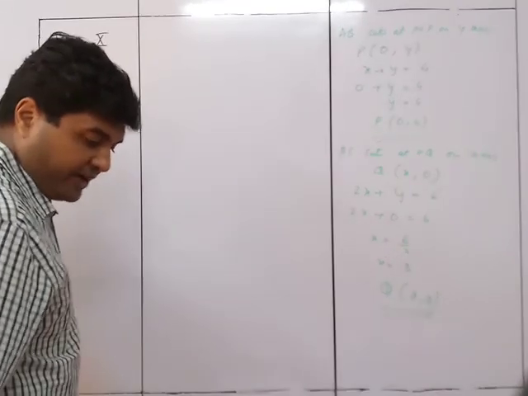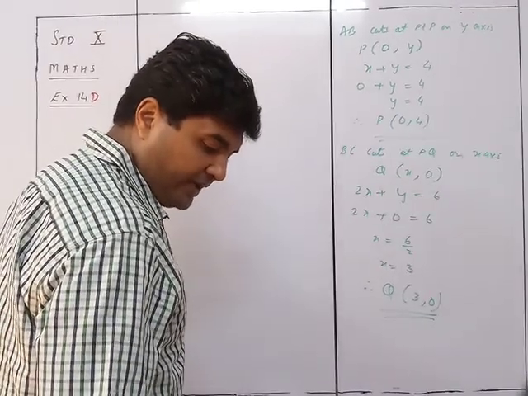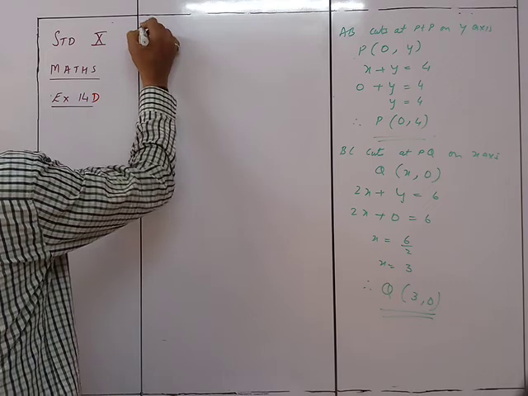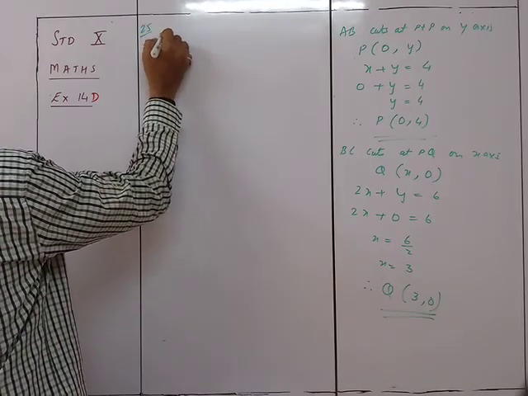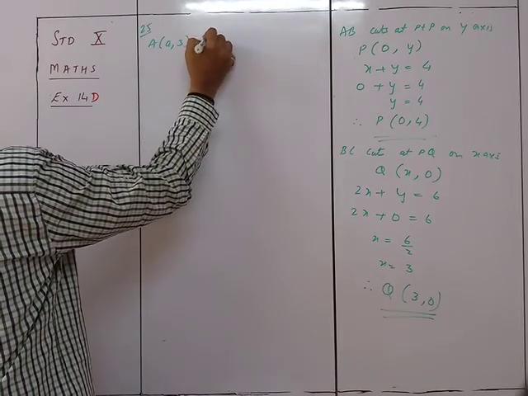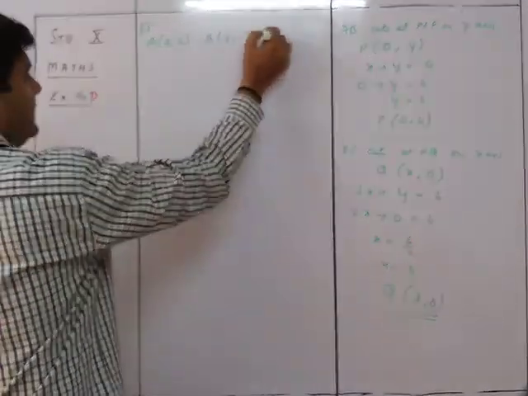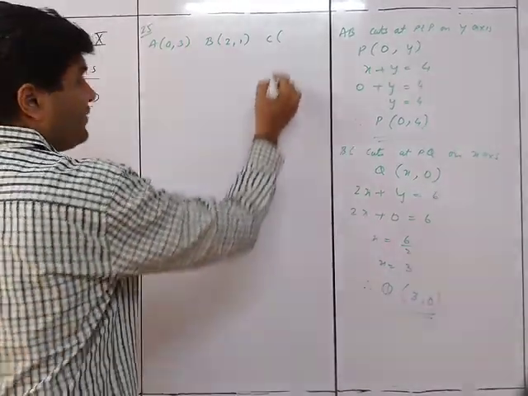Okay, sum number 25. Find the value of a for which the points A, B and C are collinear. It is given that A is a comma 3, B is 2 comma 1 and C is 5 comma a.